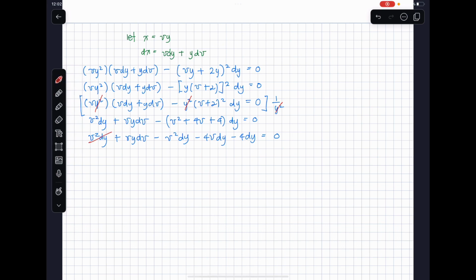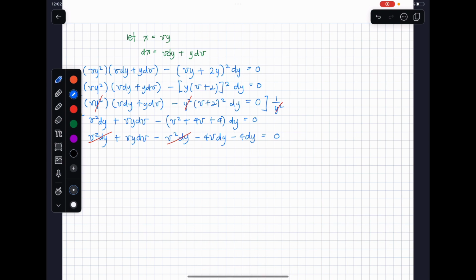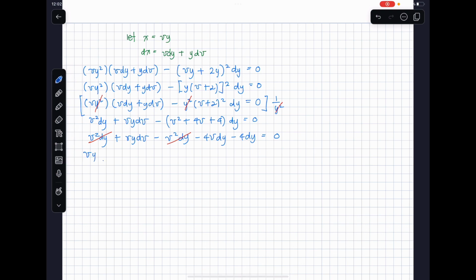So v squared dy minus v squared dy will be 0. Thus we have vy dv, and then we can factor out negative 4, leaving us with positive v, then negative 4 times (v plus 1) dy is equal to 0.